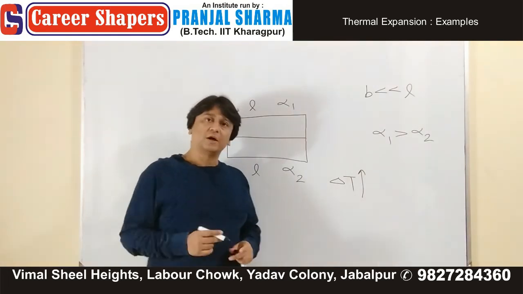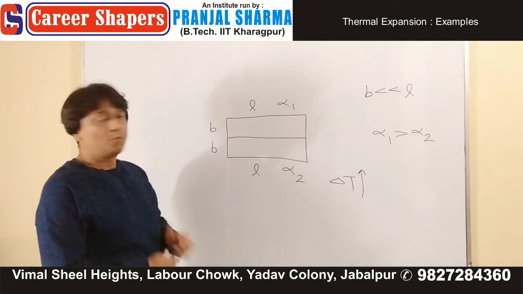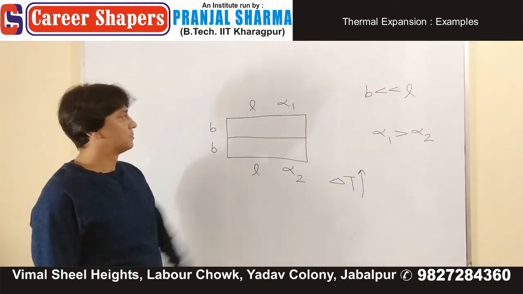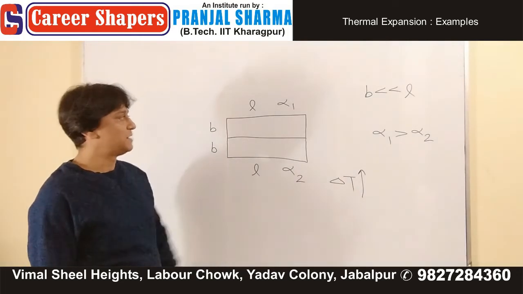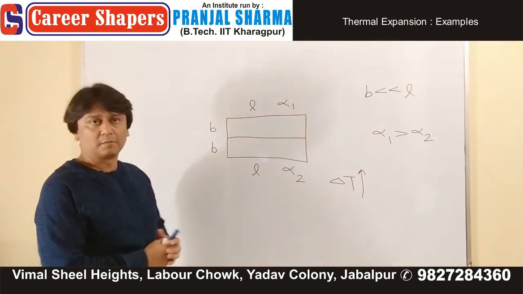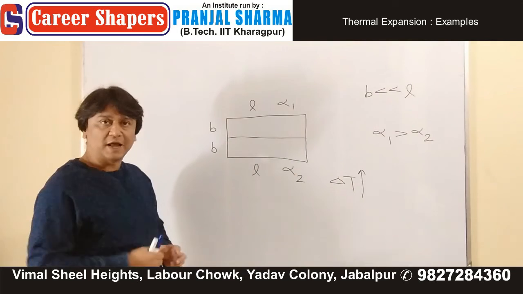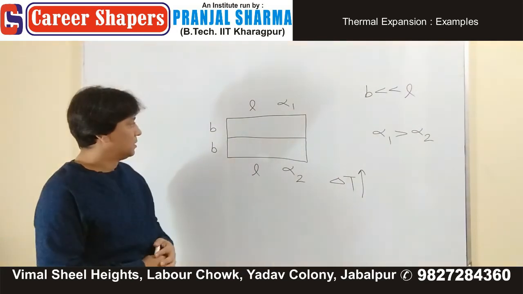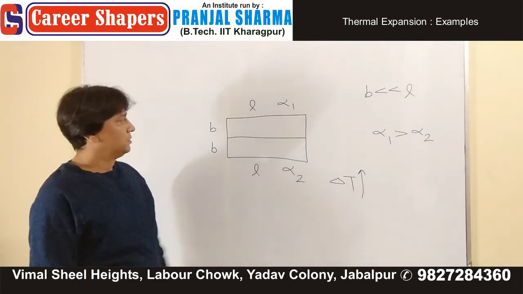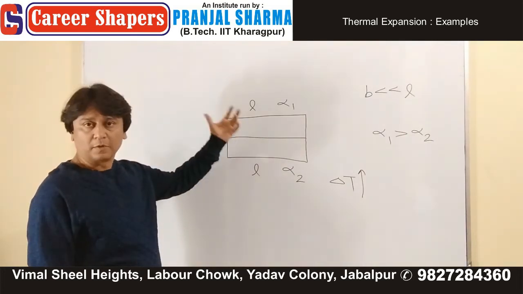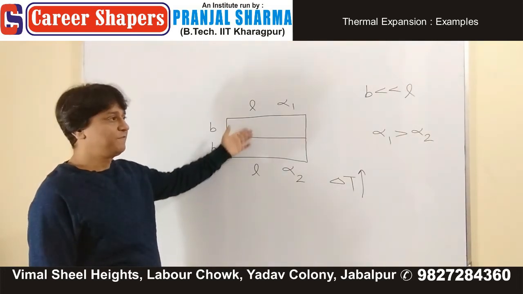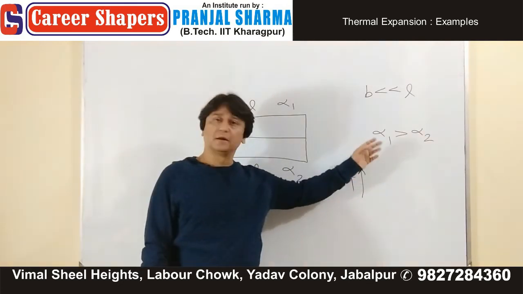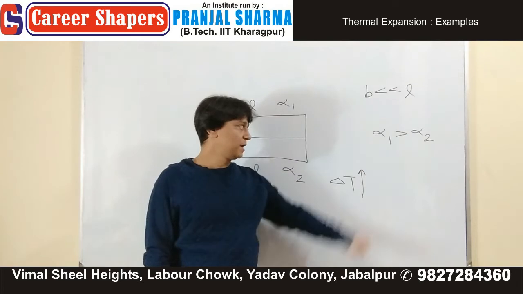So the first question I'm asking you is what will be the shape of the whole thing once you increase the temperature? Just think about it, and then I'll ask you the next part of the question. These are two different metals having different linear expansion coefficients, alpha 1 and alpha 2.